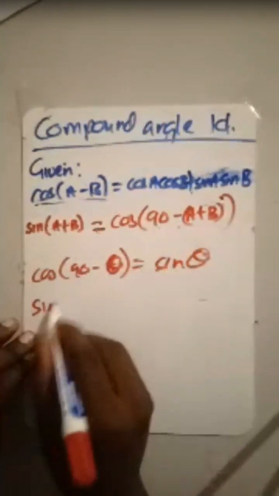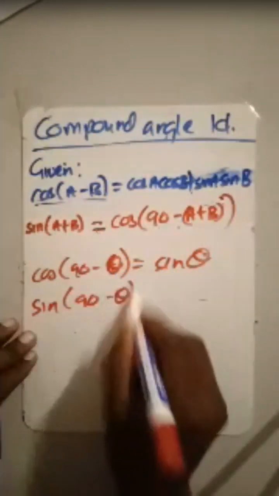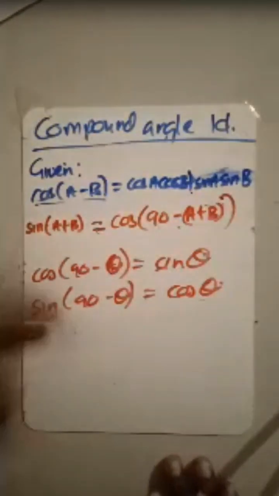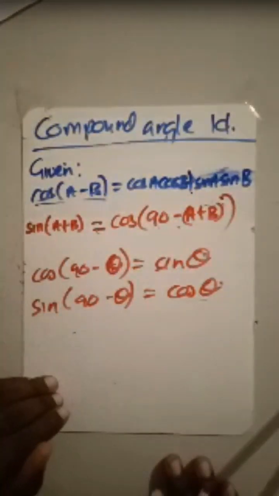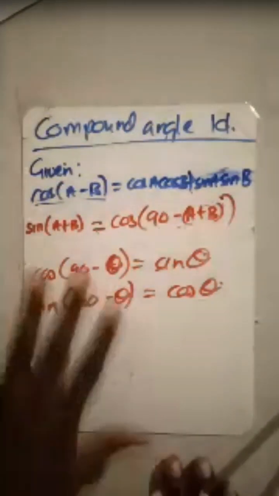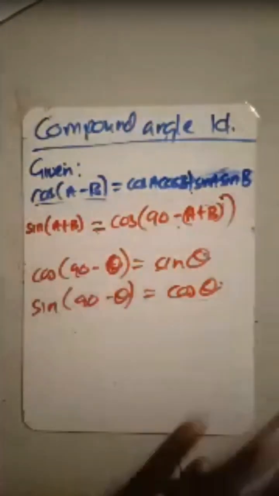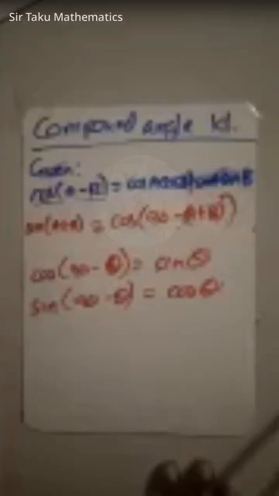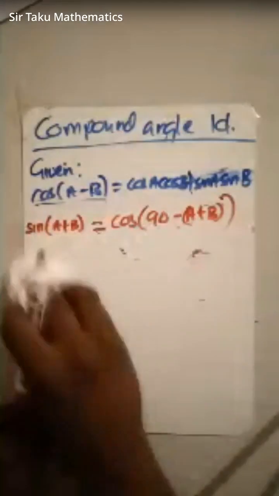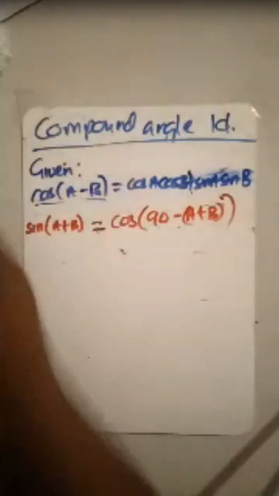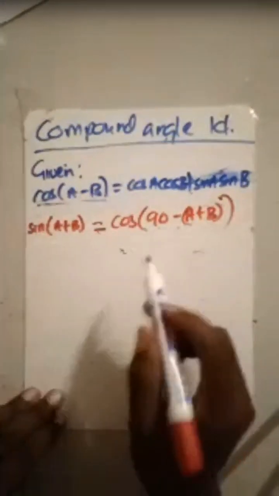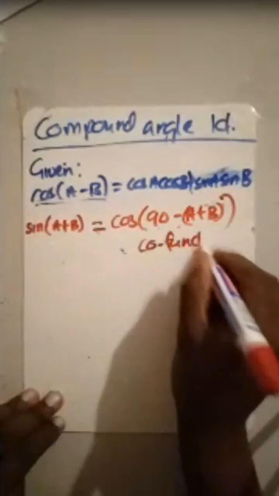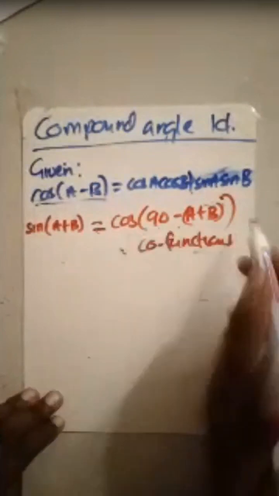Then sine 90 minus theta is equal to cos theta. We call this one the co-function. I would love to prove to you where this one came from, but I won't unless we have time. It is important to know that to change from sine to cos, we now use the co-functions.